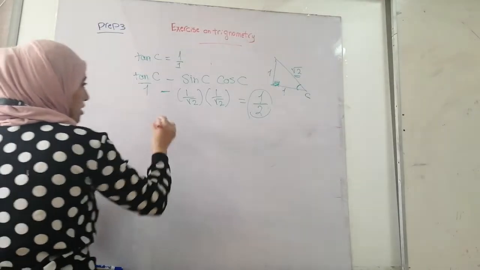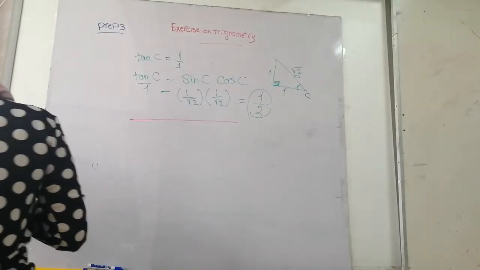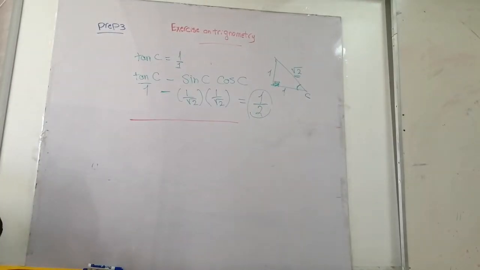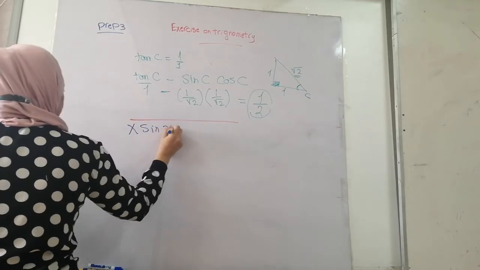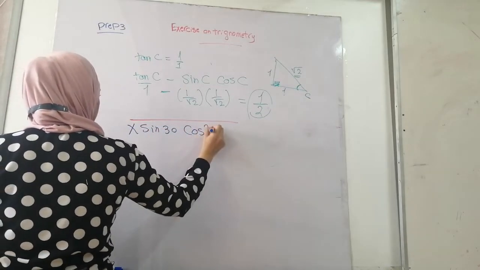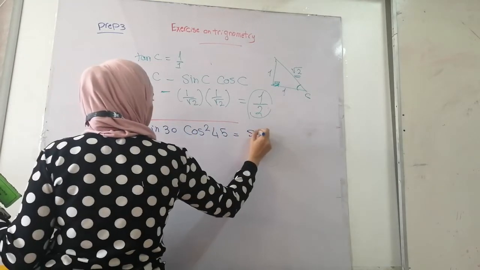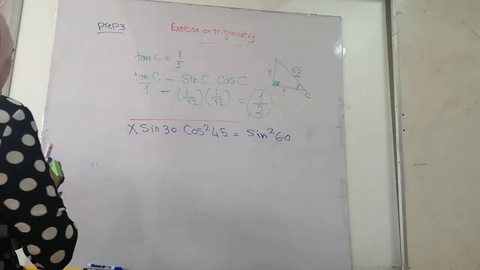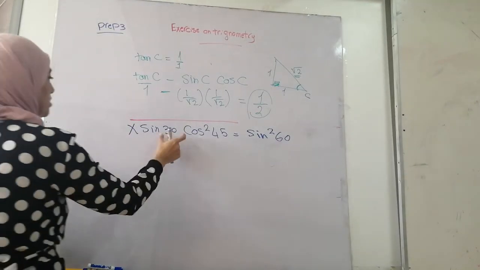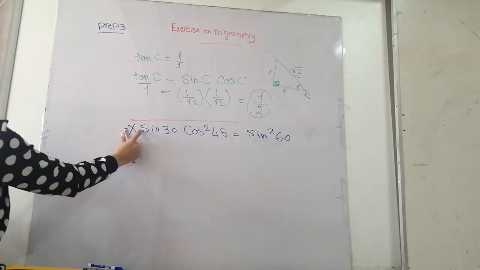Okay, let's take another example. x sine 30 cosine square 45 equals sine square 60. Here x does not belong to sine, it is not inside the sine. X is a free term.